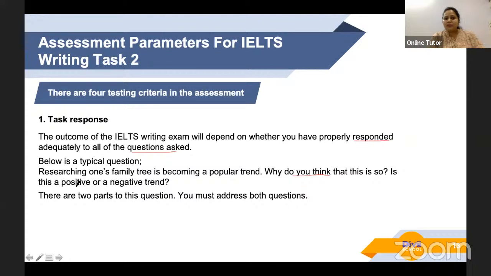And this question part will be your body paragraph 2 where you will be talking about your opinion, where you will be telling the reader whether it is a negative or a positive trend. And after you state your take on it, you will also be supporting it with reasons and examples. So please note that you must address both the questions.